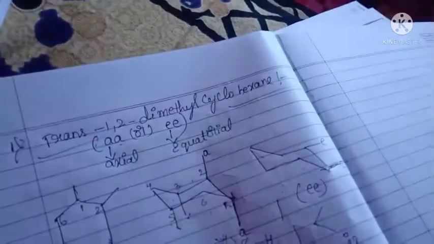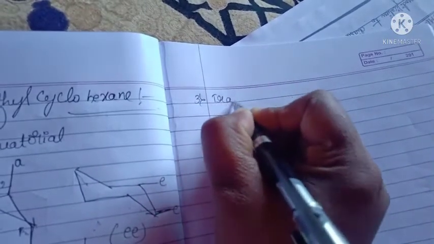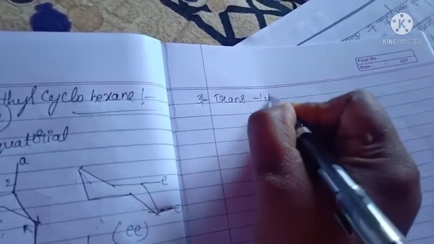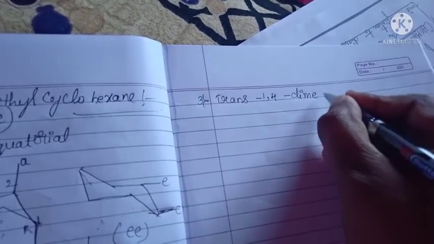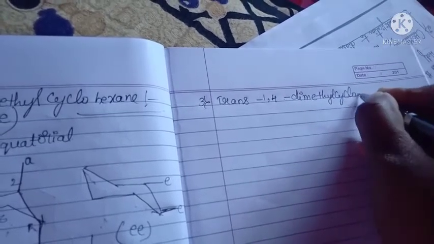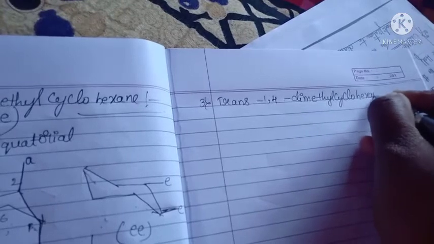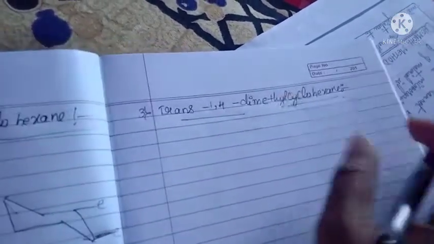Okay, next we will move on to the third one, trans 1,4 dimethyl cyclohexane. Okay.